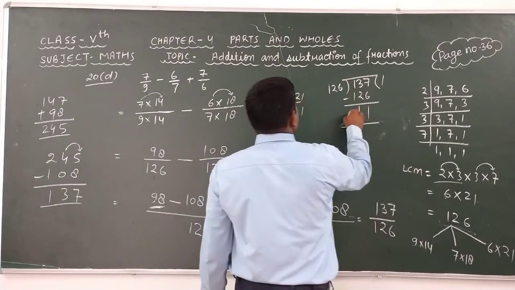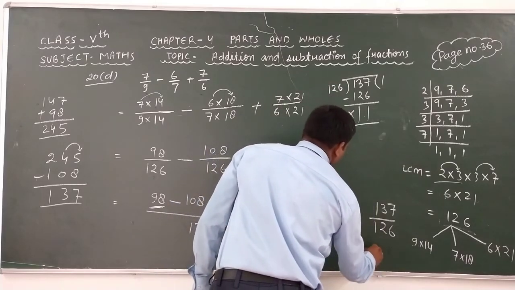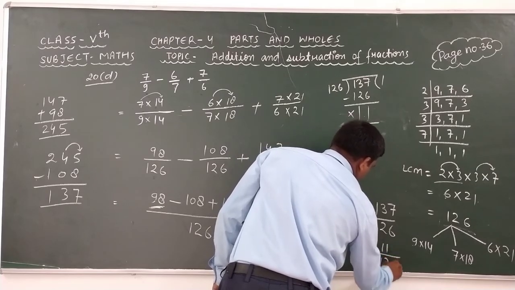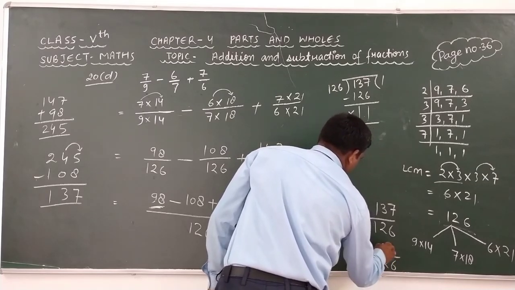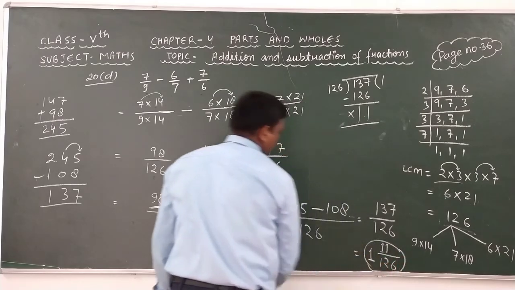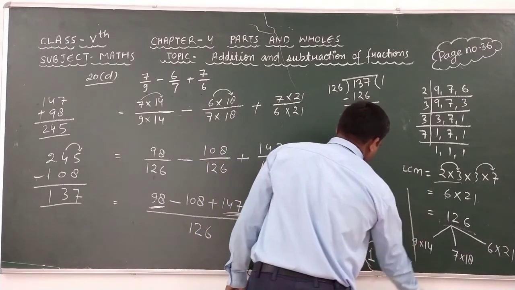It means that the answer is 1 whole 11 over 126. 1 whole 11 over 126 is the answer of this question.